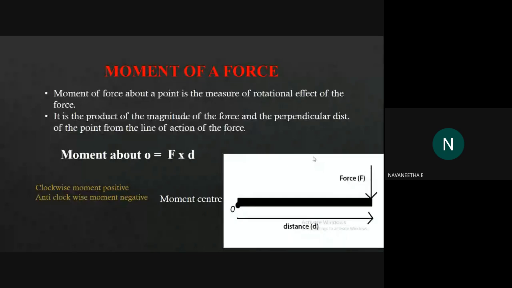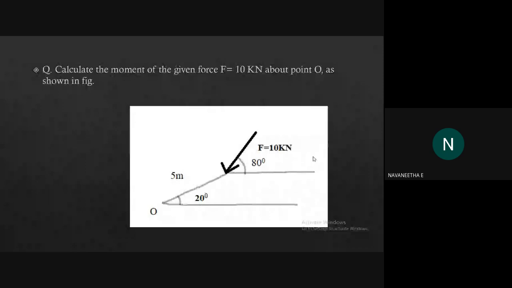Okay. Next, we can move to a problem. So this is the problem: calculate the moment of the given force F equal to 10 kilonewton about point O as shown in the figure.